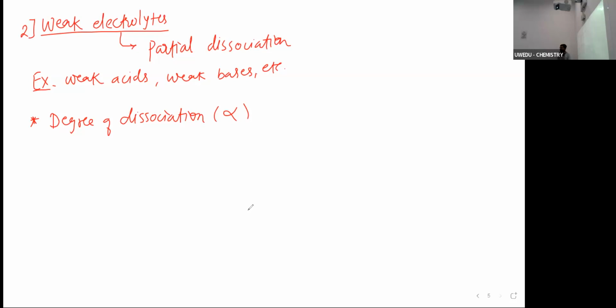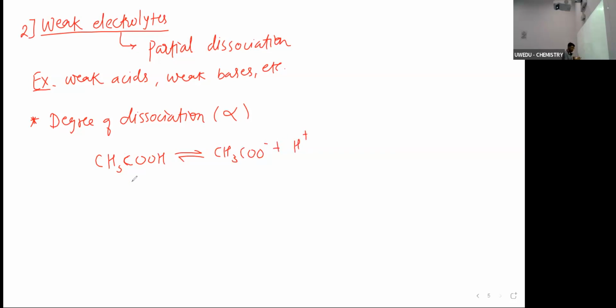Clear? Everyone is clear with this degree of dissociation? What is the relation between degree of dissociation and the concentrations? Let's write down here. CH3COOH dissociates partially, so that's how the equilibrium sign comes. CH3COO minus and H plus.